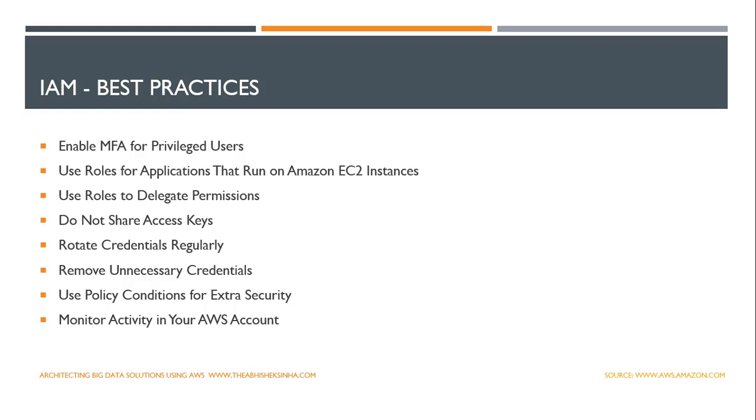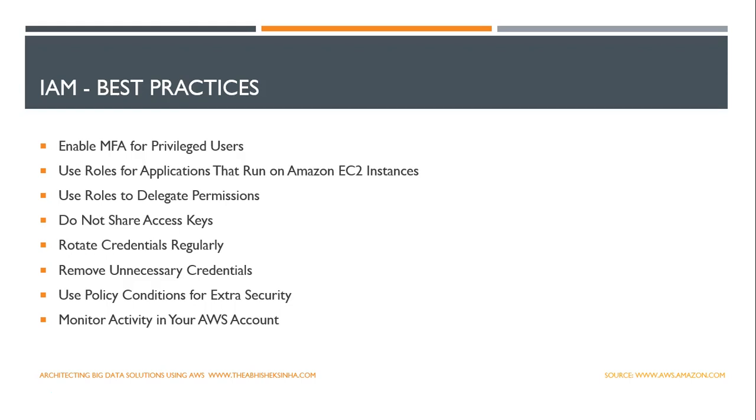You need to enable multi-factor authentication, which requires them to log on to the AWS account using their password as well as their soft or hard token, like an RSA token or something like that.